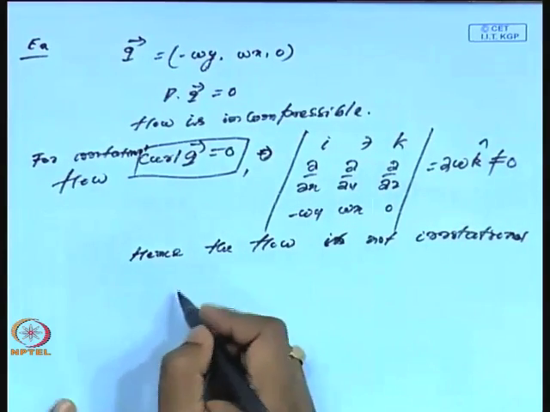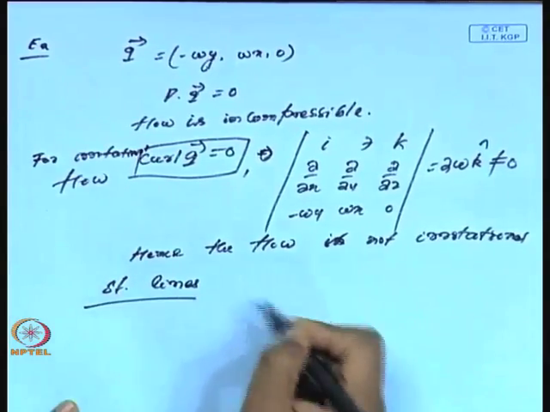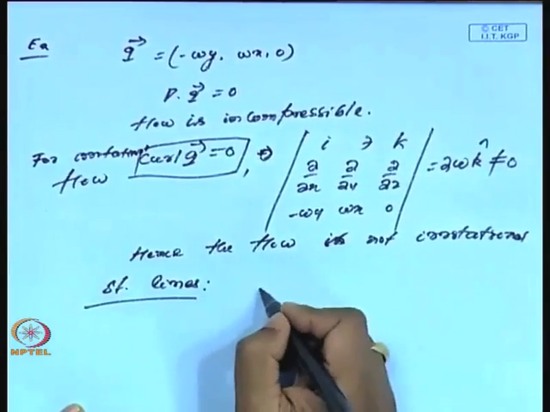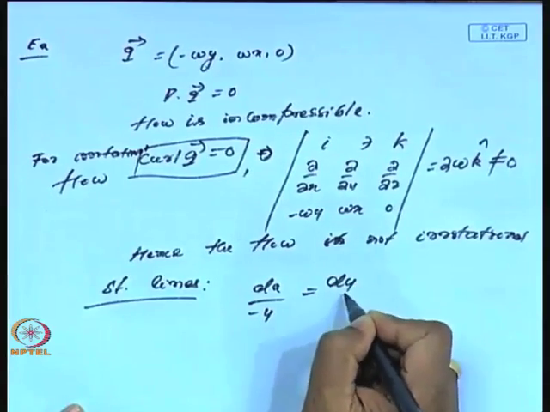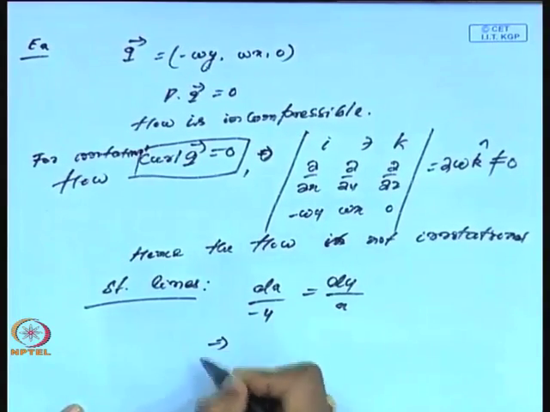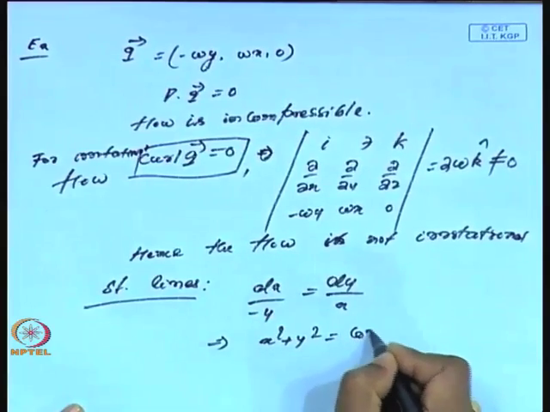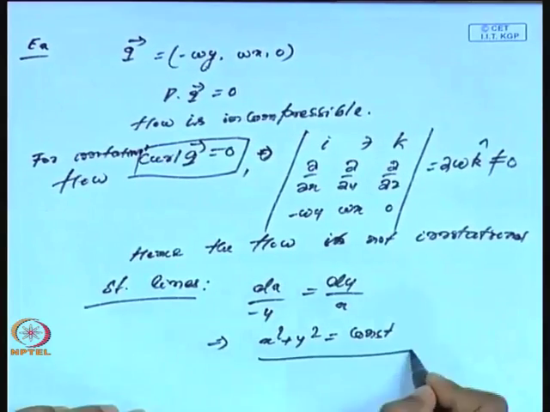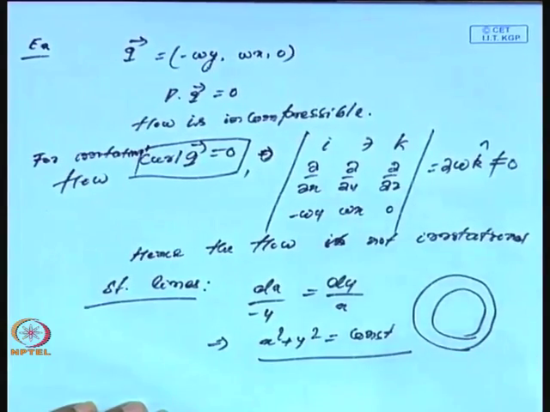Now look at the streamlines. We have dx by minus y equal to dy by x, which gives x square plus y square equal to constant. For each constant you have a circle with center at the origin.